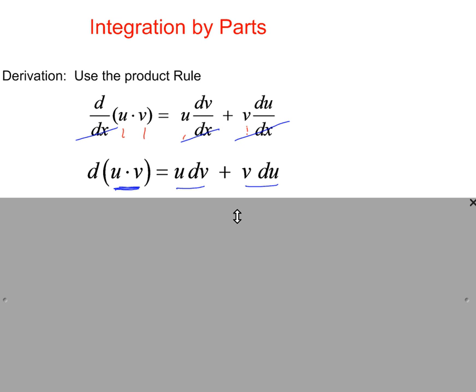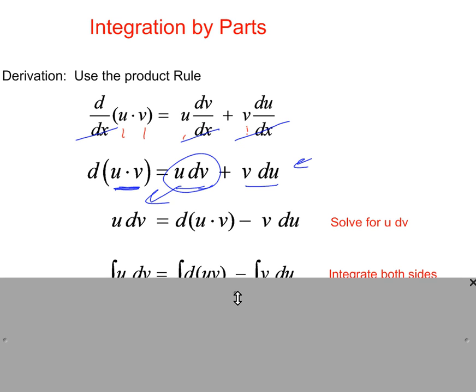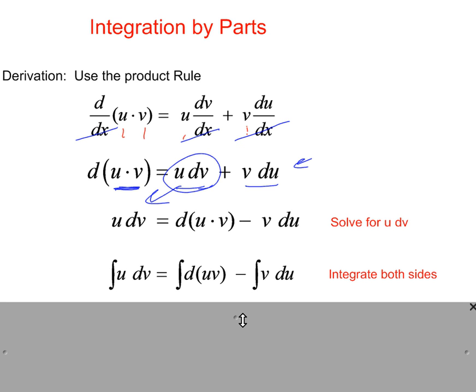Well, how does that help me? I'm going to solve for this u dv, which means I have to subtract v du from both sides. I'm then going to integrate both sides. So I have the integral of u dv equals the integral of the derivative of uv minus the integral of v du.